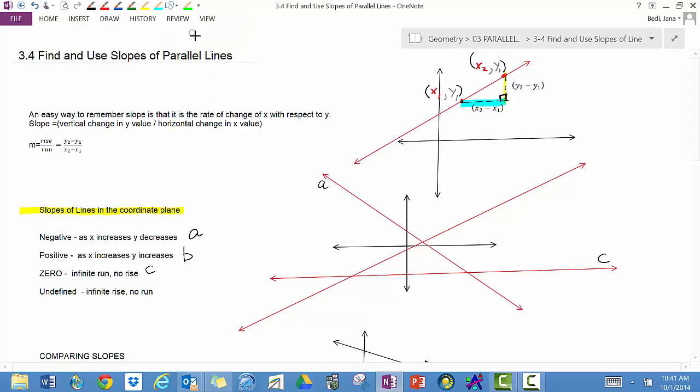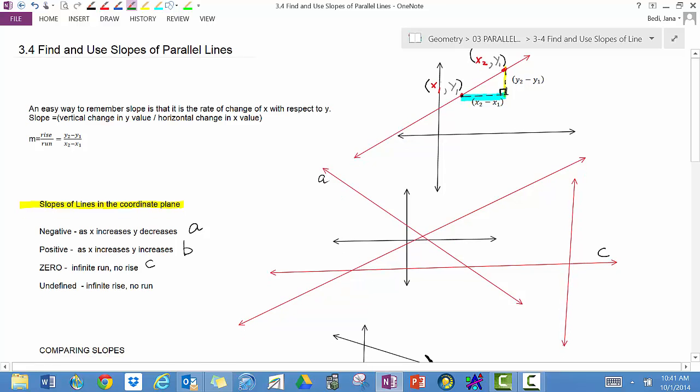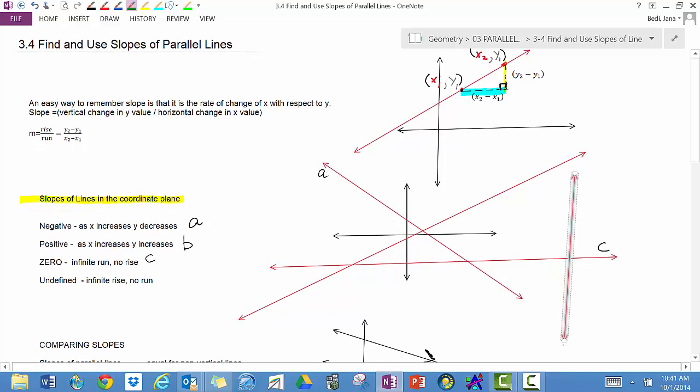And the reason I like to think of it as undefined is, when I look at this line, which I am going to call line D, its rise is infinite. It goes on forever and ever and ever. So infinity divided by a zero run is just infinity. So line D has an undefined slope.